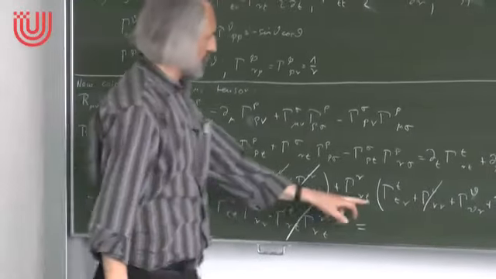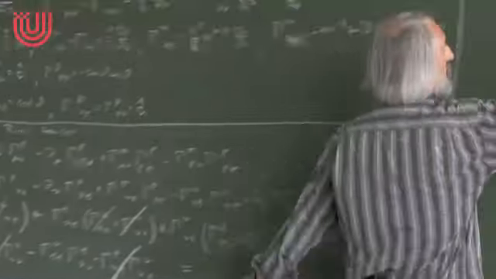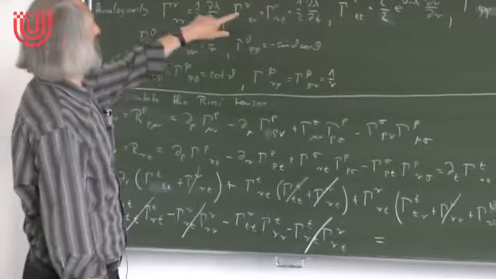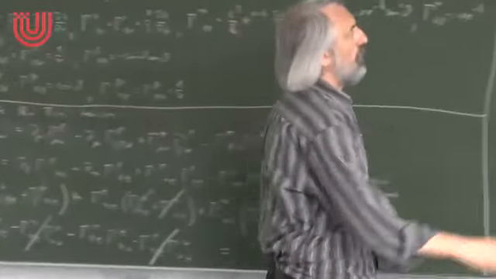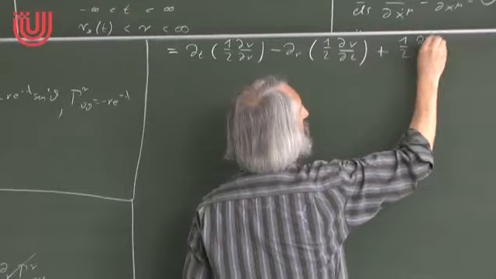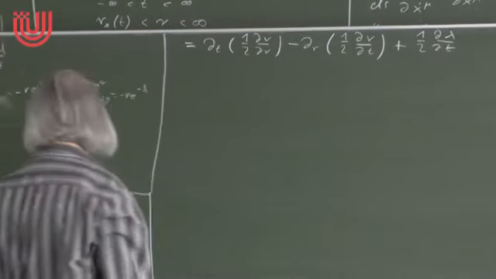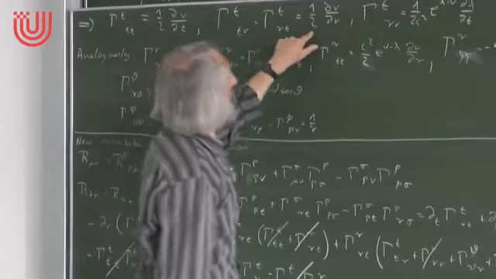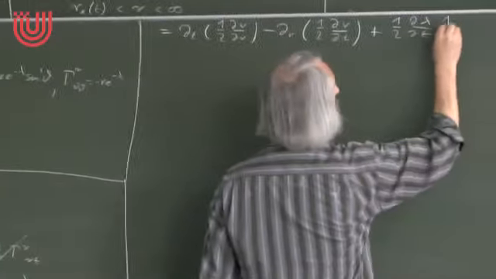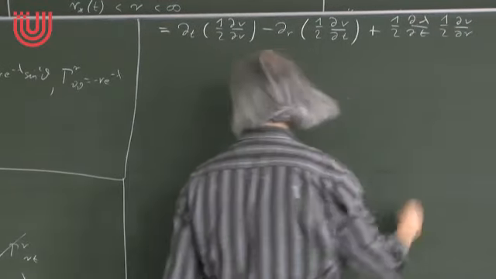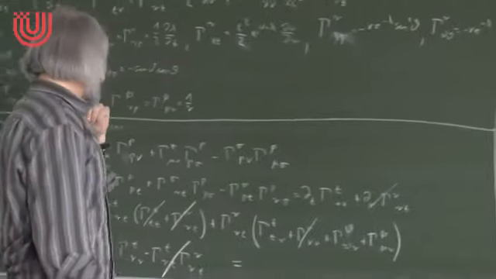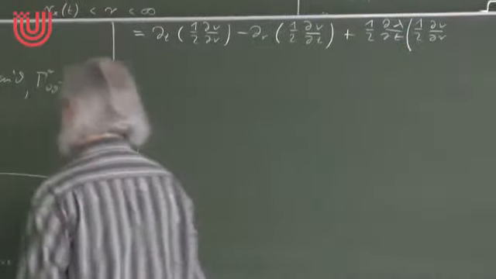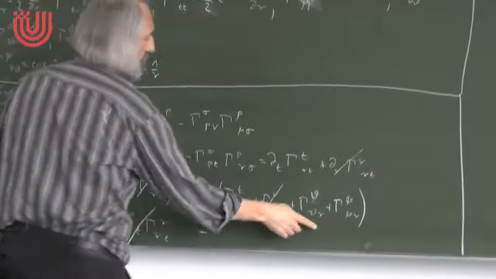They are cancelled. This here plus gamma RRT, 1/2 d lambda by dt, times gamma TTR, 1/2 d nu by dr. I could make a bracket here and add these two terms.